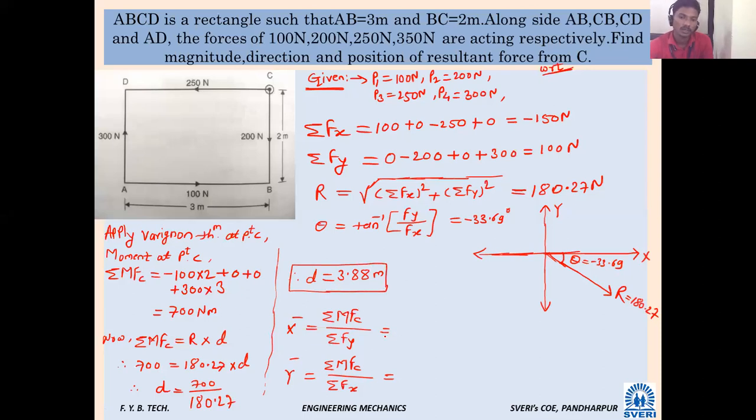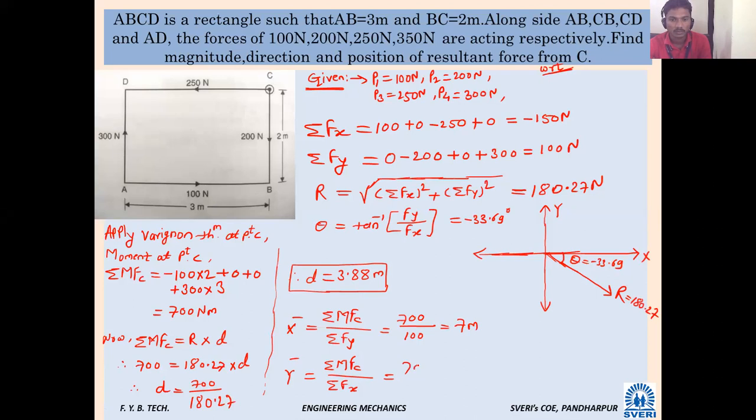Next, x bar is equal to, now what is the formula? X bar is the summation of moment due to all the forces at point C divided by summation Fy. All the values are with you. Calculate. 700 divided by summation Fy, 100, equal to 7 meter.